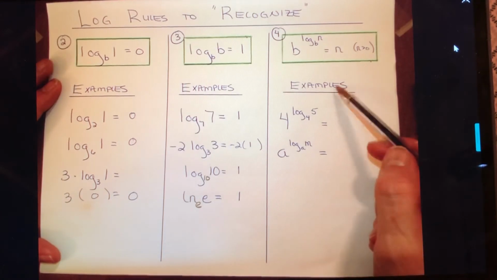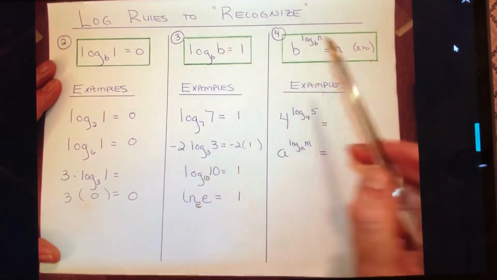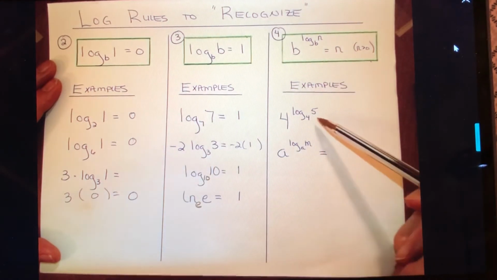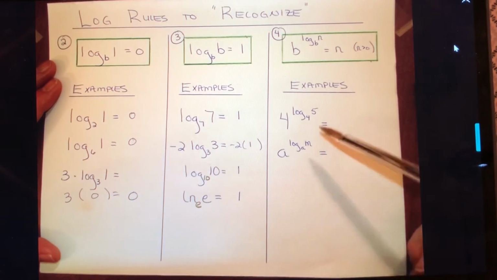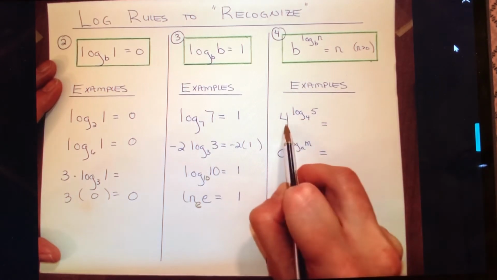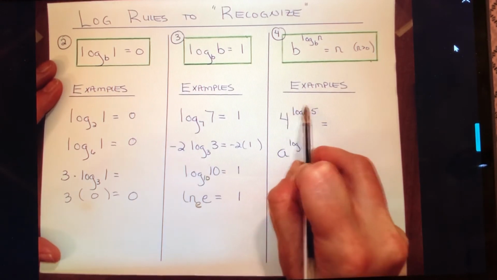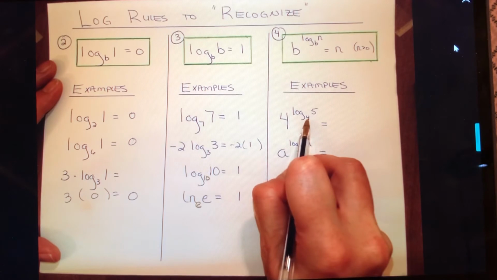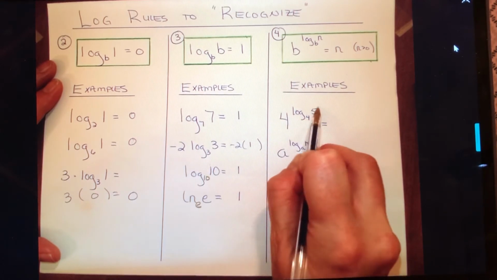Okay, this last one on these rules that I recommend you just need to recognize. This is that rule that I talked about. It doesn't show up a whole lot, but when it does, you just want to see it and execute it nice and clean. So I have a 4 raised to a power. That power happens to be a log. The base of the log matches the base of the exponent, so that is nice and simple.